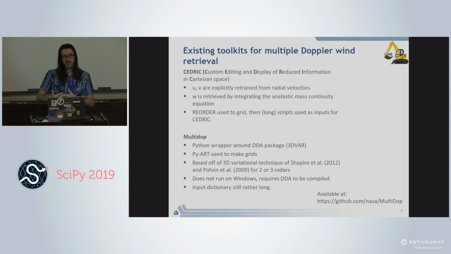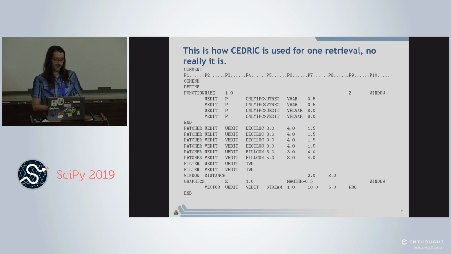You can't run it on a Windows machine if somebody happens to have that. And DDA itself has to be compiled from old C and Fortran code. It's based on rather legacy code, and putting together the input dictionary is still rather cumbersome. But if you're interested in looking at that, it is available at github.com/nasa/multidop.